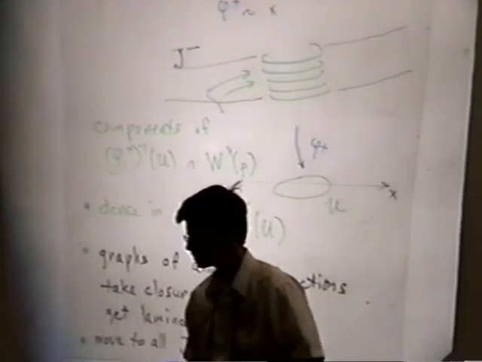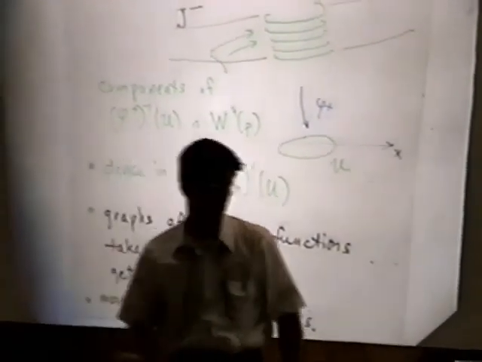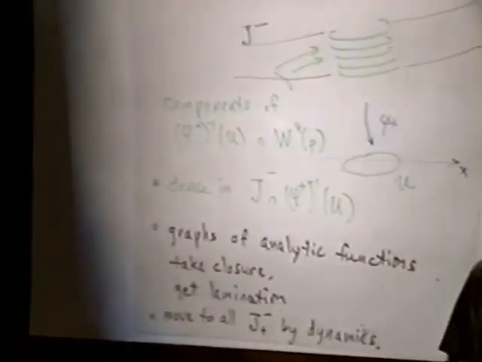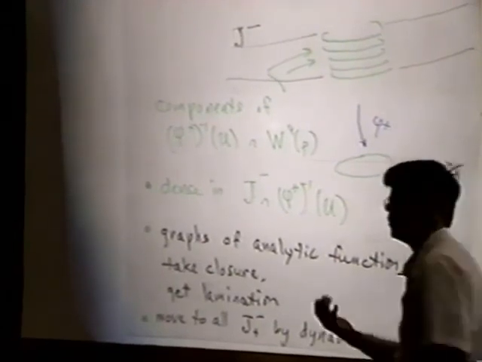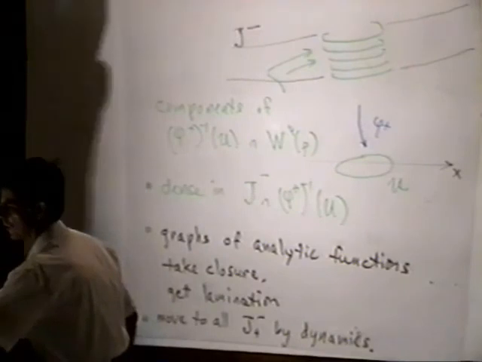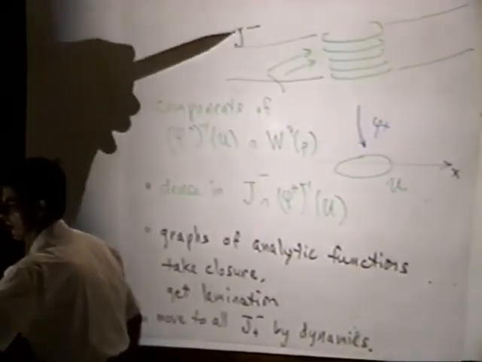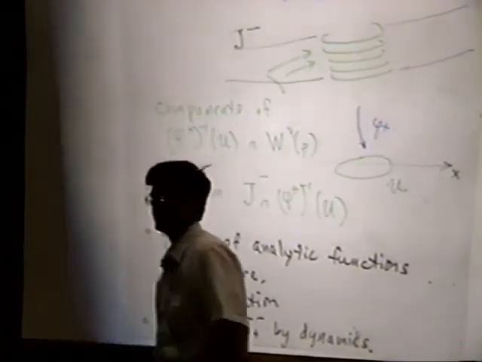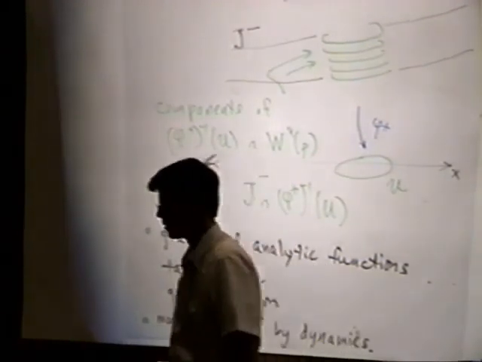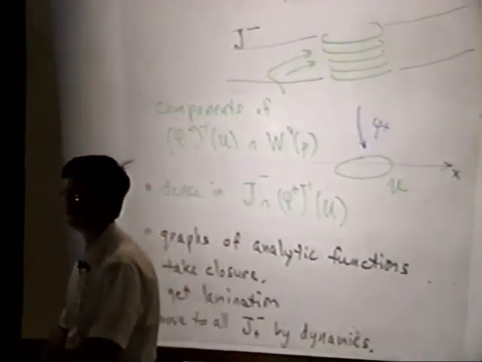They're all given by graphs of analytic functions. You can take the closure, and that lets you have a lamination. So that's the sketch of the proof here: when J is connected, you in fact do have, in the set J minus out where G plus is positive, a unique Riemann surface lamination. So that's everything. Thanks.